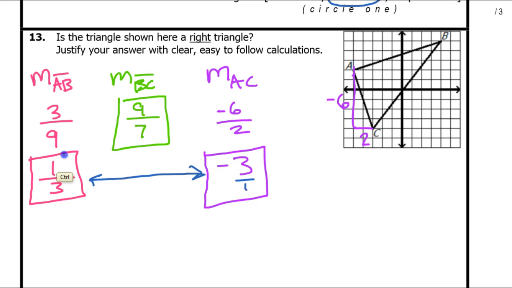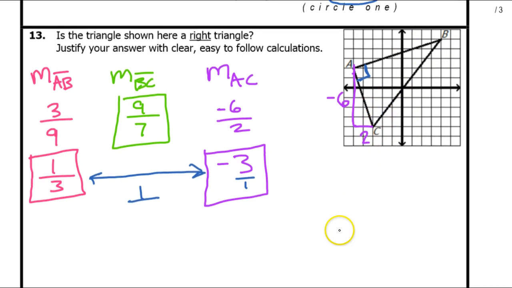So these are reciprocals of each other. Also, one is positive and one's negative, so they're also opposite from each other. So these are opposite and reciprocal. That means that these lines are perpendicular. So that tells me that AB and AC are in fact perpendicular. So that means I have a 90-degree angle right there, which makes triangle ABC a right triangle.